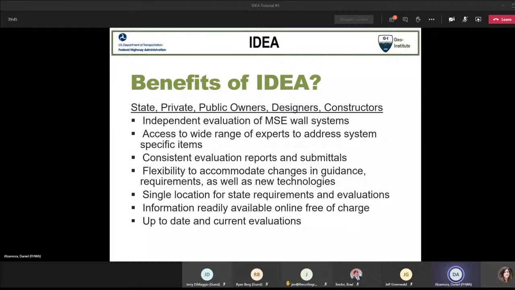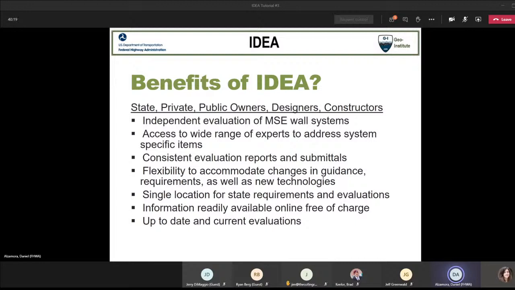For instance, the current AASHTO has now made significant changes in the way we do the internal stability for geosynthetic reinforced MSE walls. So how are those going to be accommodated into the practice? Well, if those kinds of things come down the line, those can be incorporated or accommodated in these evaluations much more easily.